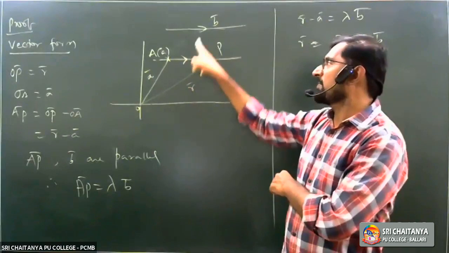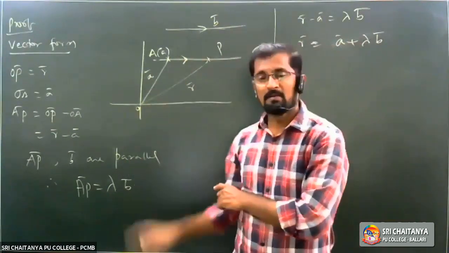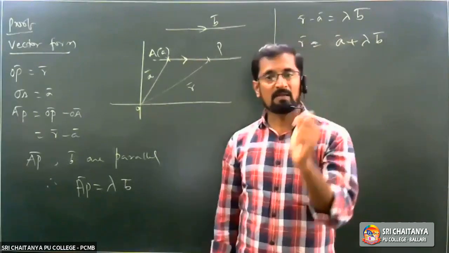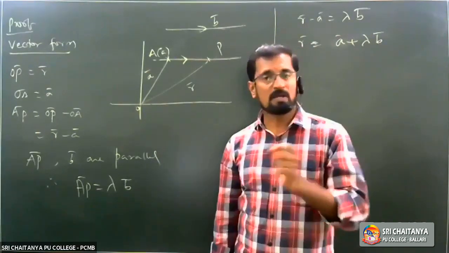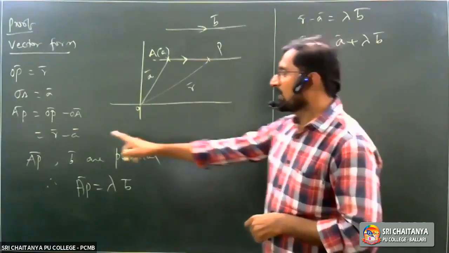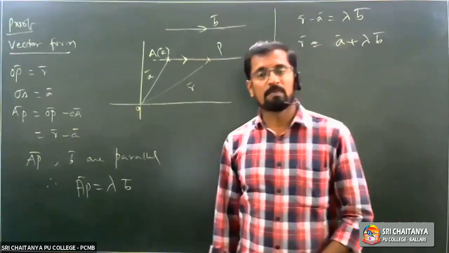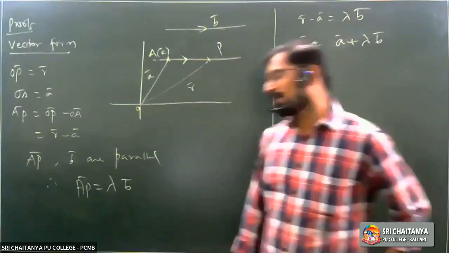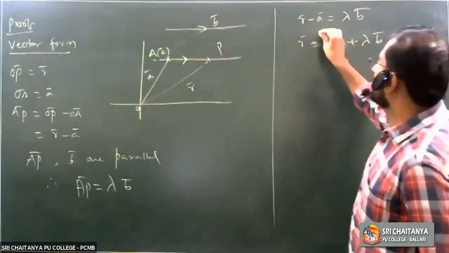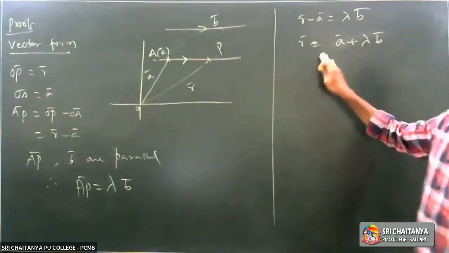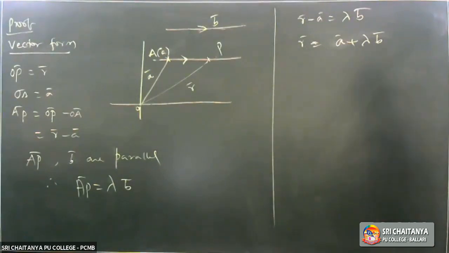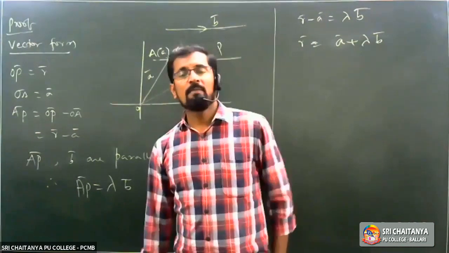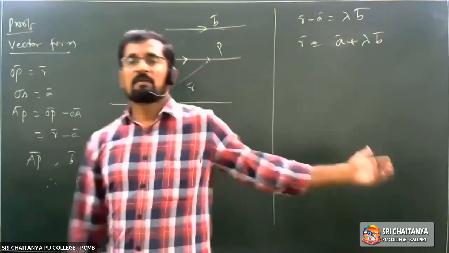Right? AP bar, B bar are parallel. Two vectors are said to be parallel if one vector is equal to some scalar into another vector. That means AP bar comma B bar are parallel. Therefore, AP bar is equals to lambda into B bar. R bar minus A bar is equals to lambda into B bar. R bar is equals to A bar plus lambda B bar. Right? I am going to repeat this. Okay, once again. You just observe this one.